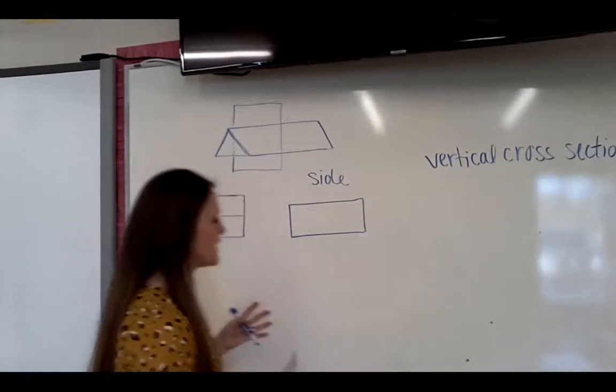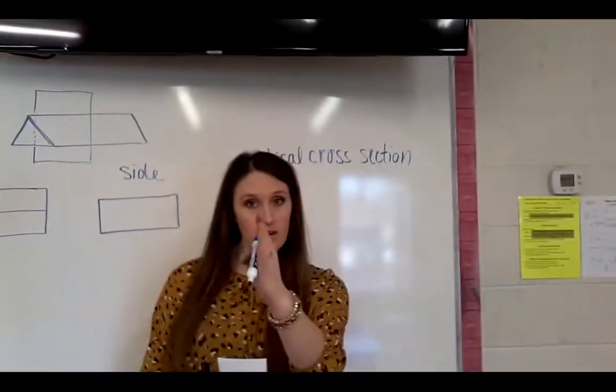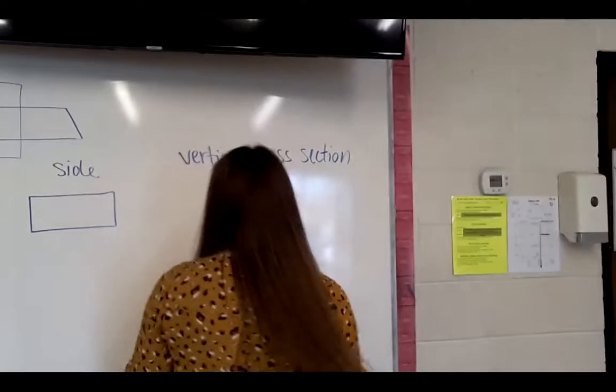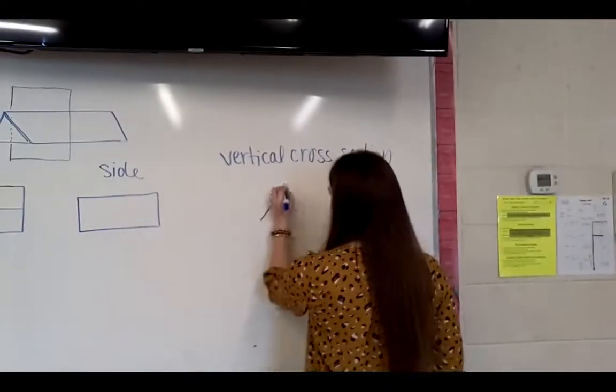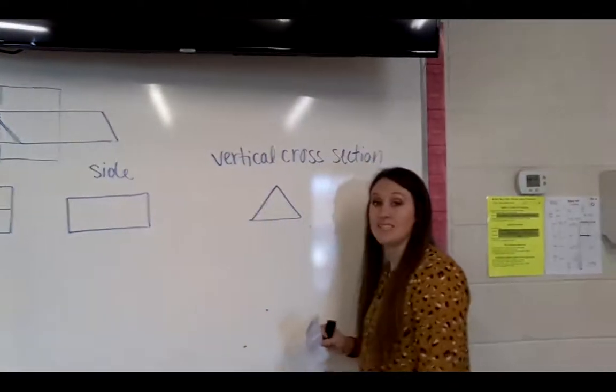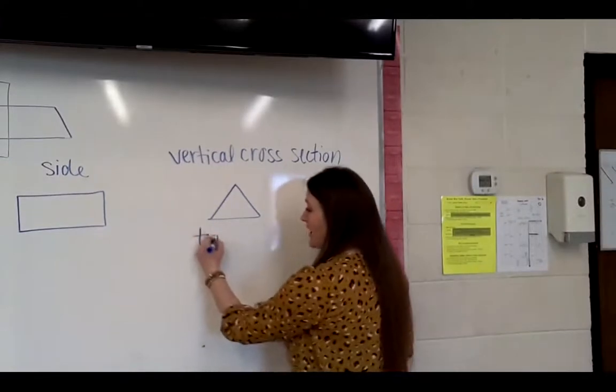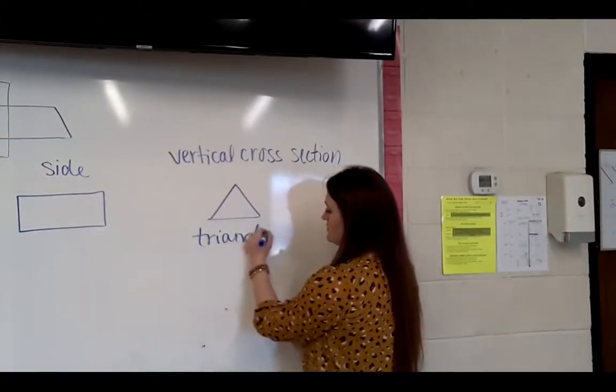So you first have to think about just looking at it straight on from the front, what it would look like. If you cut a slice out of that, it would look just like that. That's it. And you would describe that as a triangle.